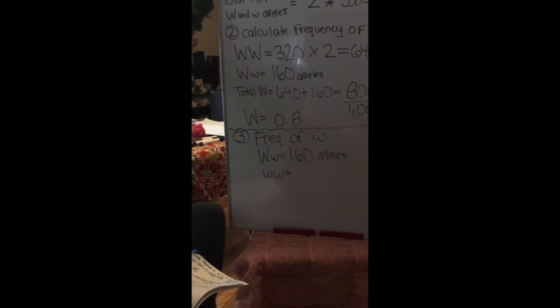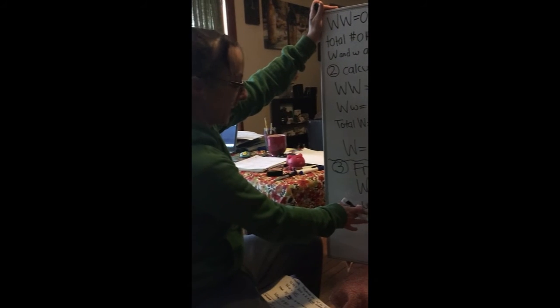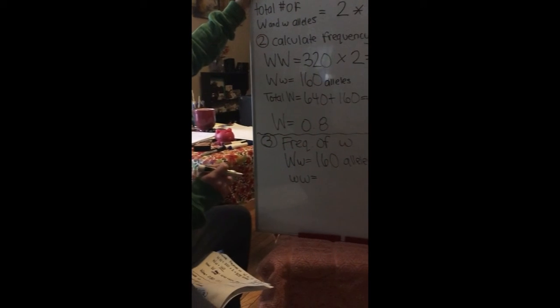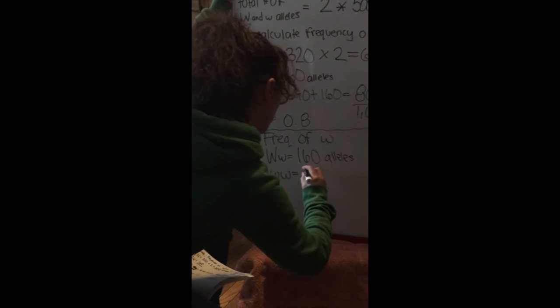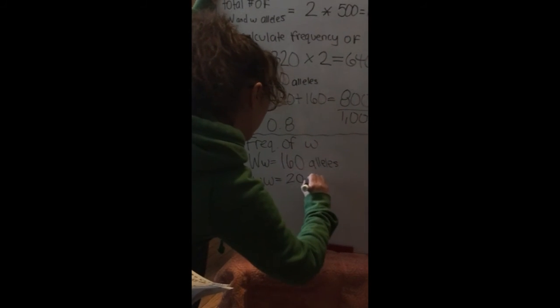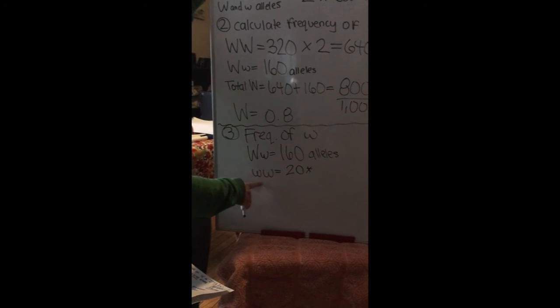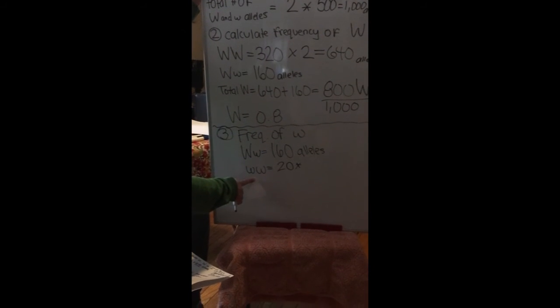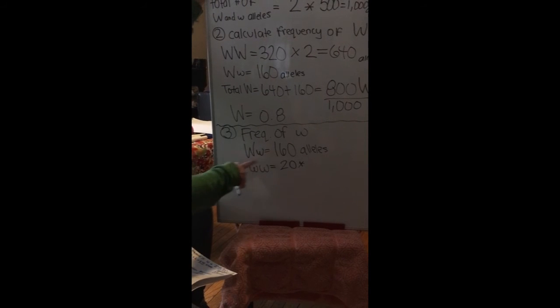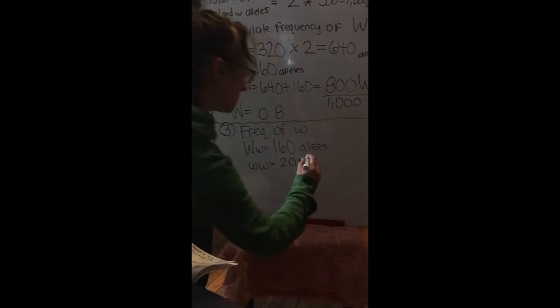And then our last way to get that recessive allele is the homozygous recessive individuals. We had 20 individuals that were homozygous recessive. But remember, they have 2 copies of that gene. So to know the total number of alleles of this recessive allele within just these individuals, 20 times 2.